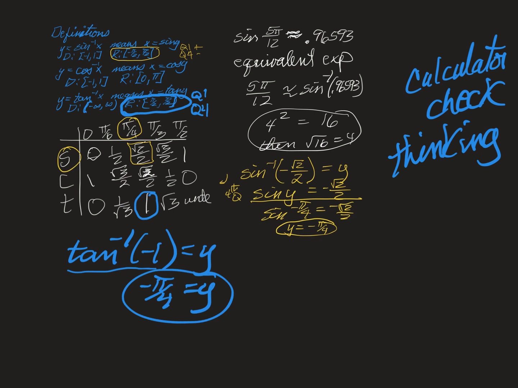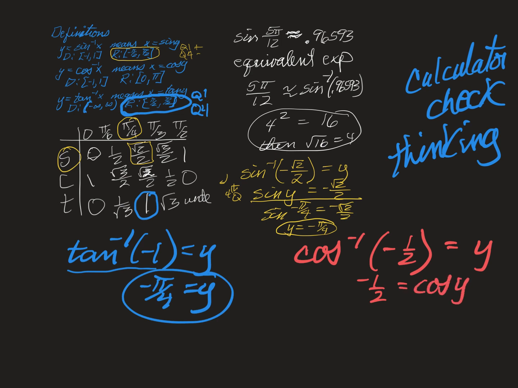Okay? All right, let's do another one. Next one, let's do the cosine inverse of -1/2. So that's equal to y. So in other words, I want the angle that will give me -1/2.